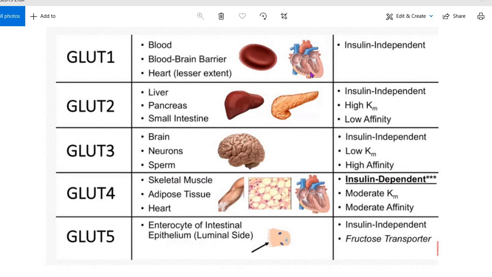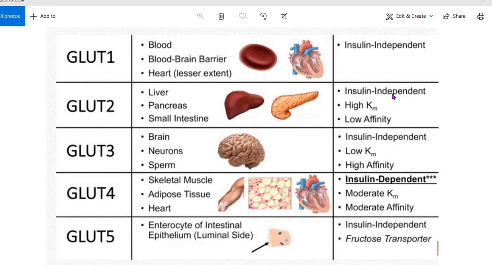Now, the next you have is what we call GLUT2, glucose transporter 2. Where is the location of this? It is actually located in the liver. You have it in the pancreas and also in the small intestine. And the interesting thing about it is that just like GLUT1, it is also insulin independent.